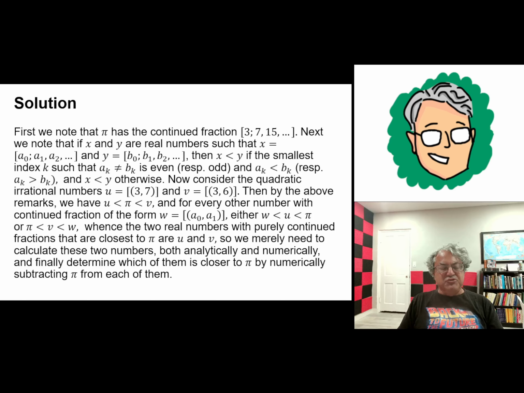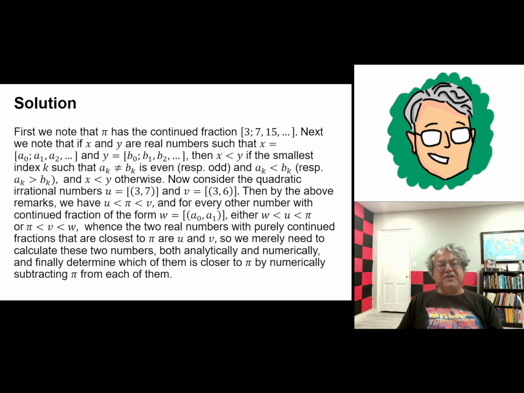Similarly, it's true for any even index. So if a2 and b2 were the first place where they differed, and a2 was less than b2, we would conclude that x is less than y. And in general, for odd, it's the other way around. So that's how we determine which is greater and which is less.